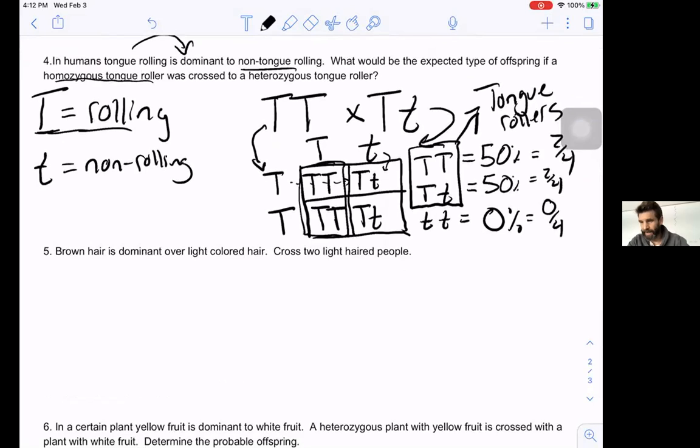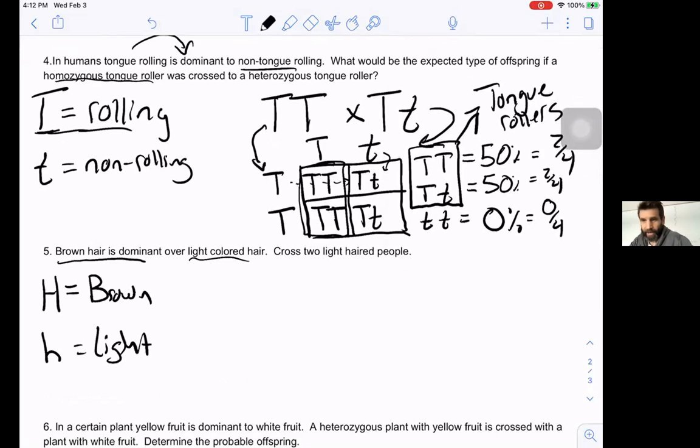Oh, and here's one they snuck in here. So brown hair is dominant over light hair. So I'm going to put big H is brown, little h is light, and we're going to cross 2 light-haired people. So the only way you can get light hair is to be homozygous recessive.